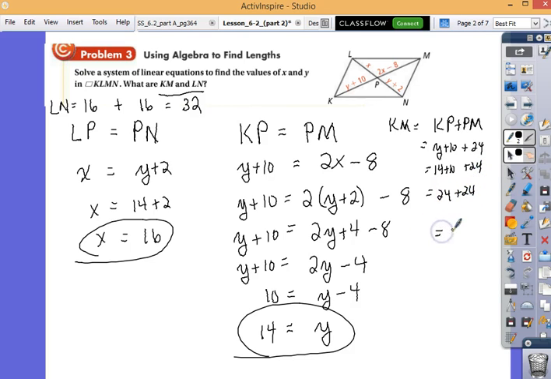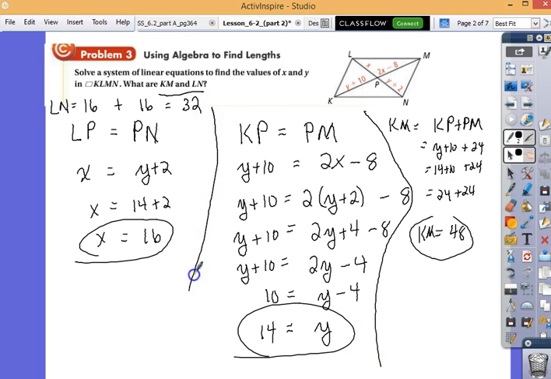So 24 plus 24 is 48. So KM is equal to 48. So our two answers are 32 and 48 respectively. Everybody okay with that? Any questions about what I did?